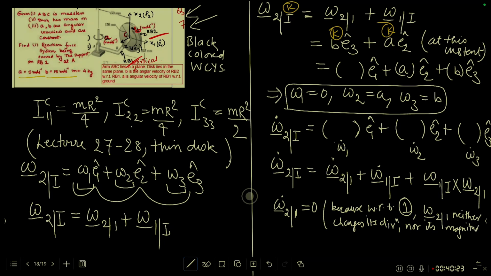Okay. And omega 1i dot will be 0 because with respect to I, omega 1i neither changes its direction nor its magnitude.